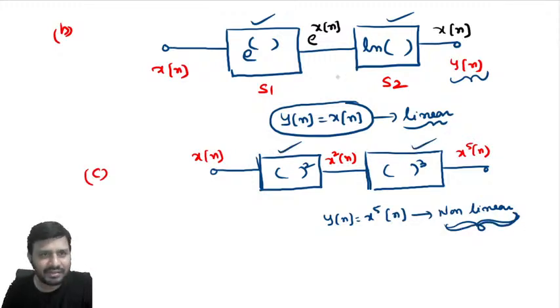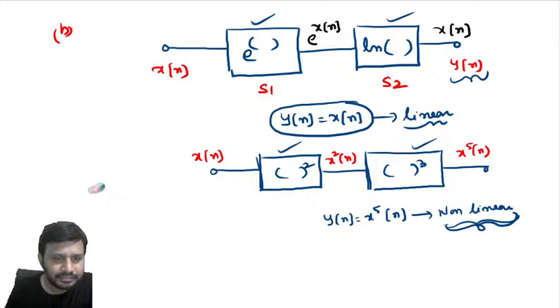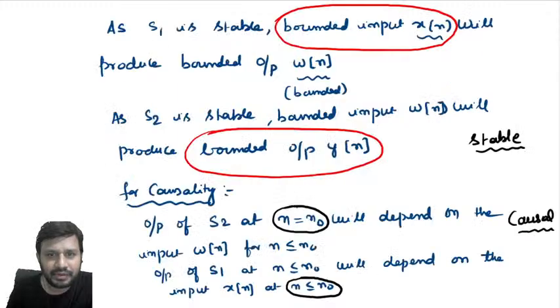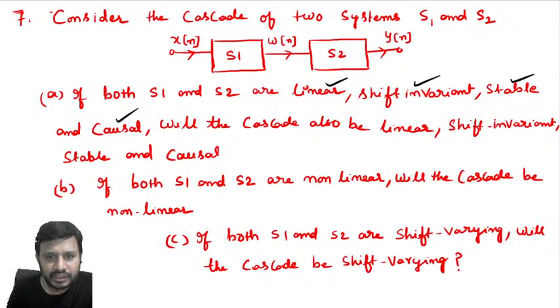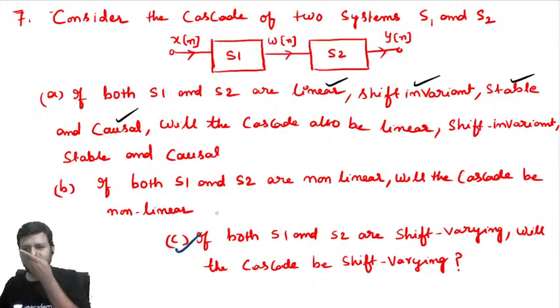So the answer is we cannot say. Right. So this is the third one. If both S1 and S2 are shift invariant, means time invariant, will the cascade be time varying?